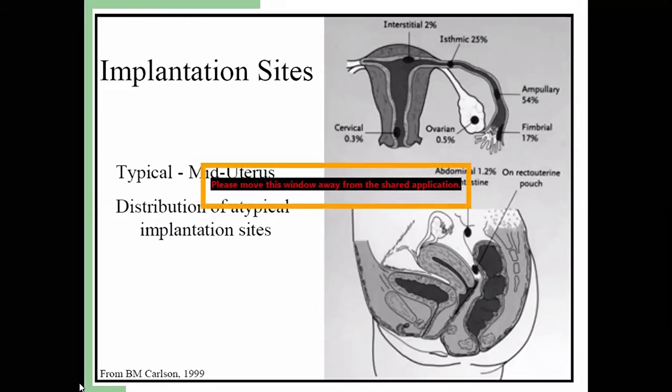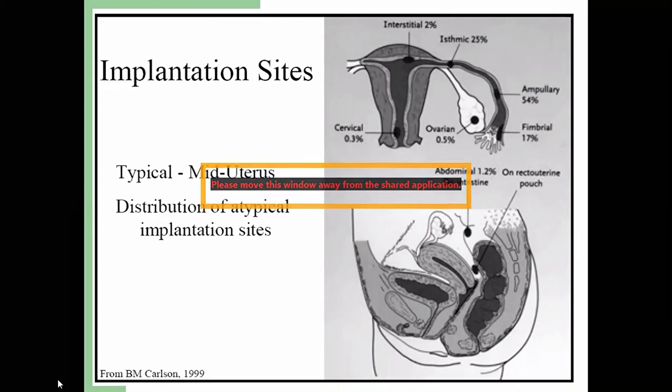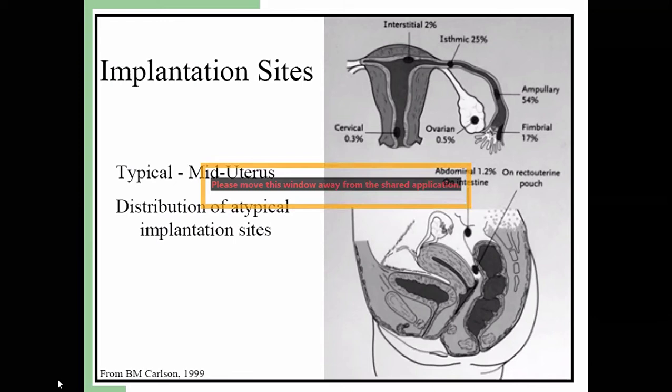But the cervical ectopic is more invasive, because the placenta and the implantation would really erode into the cervix of the patient. And sometimes it will necessitate the removal of the whole uterus, okay, because the bleeding will not stop.